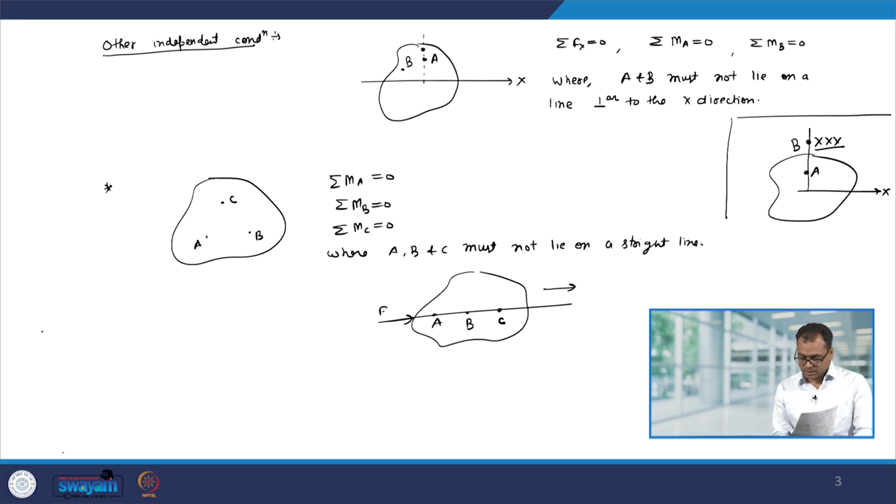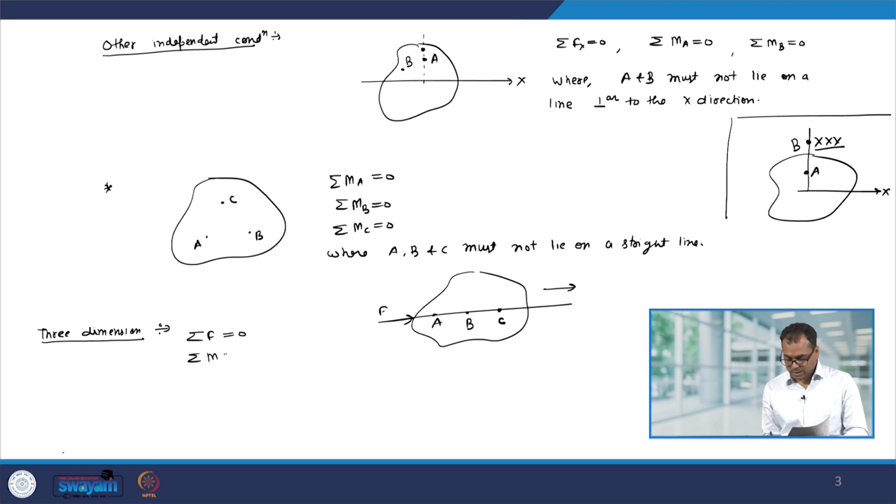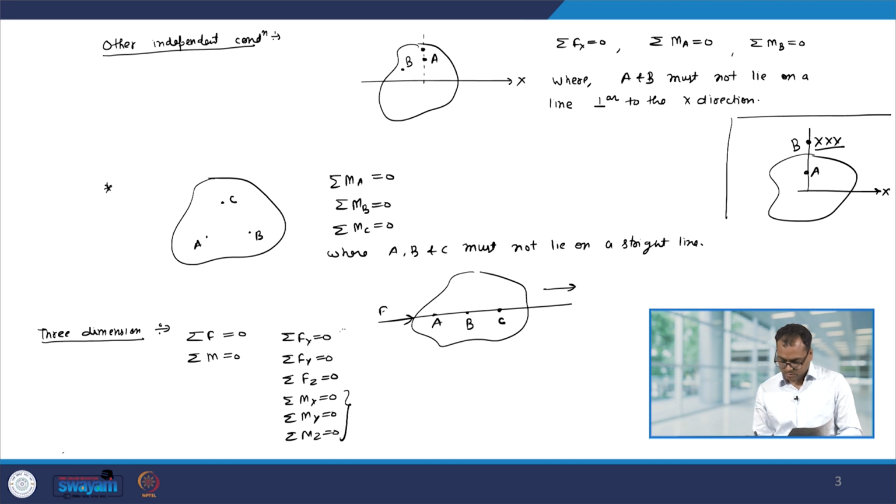Now, for 3 dimensions, the condition is that summation F should be 0, summation M should be 0. So, this implies that summation Fx should be 0, summation Fy should be 0, summation Fz should be 0, summation Mx should be 0, summation My should be 0 and summation Mz should be 0.